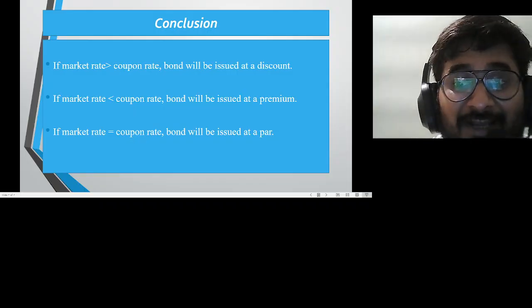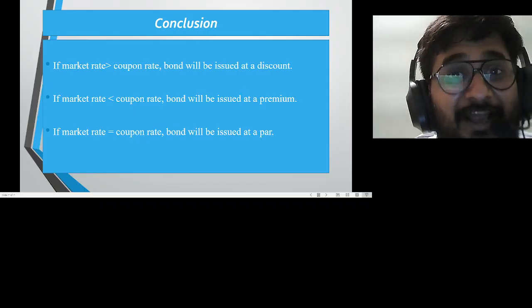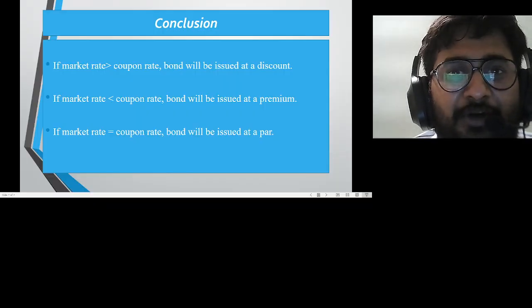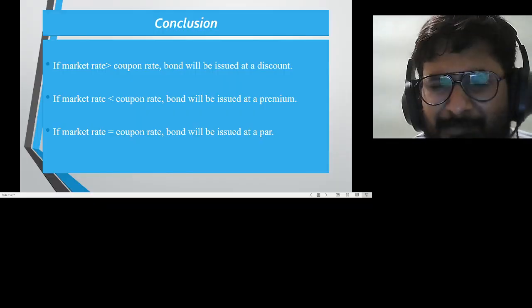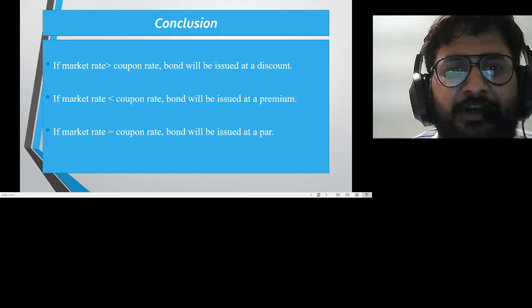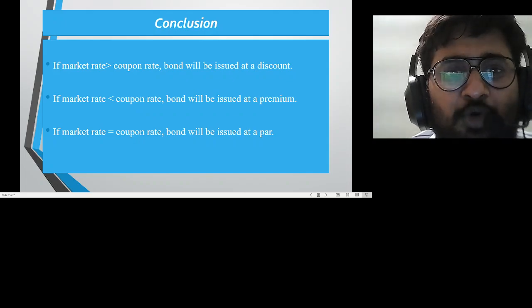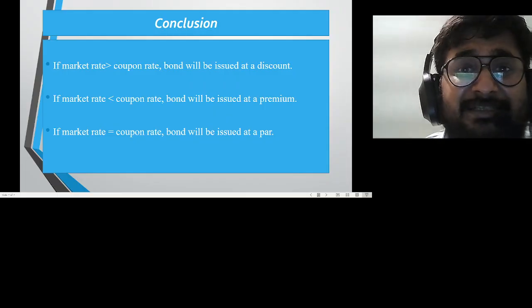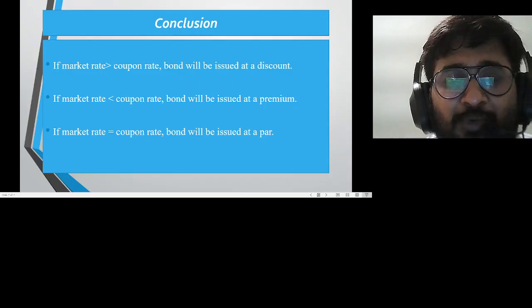So remember the conclusion of this session, and this is very important for bond analysis. Whenever the market rate of return, which people also call the required rate of return or yield to maturity, is greater than your coupon rate or stated interest rate on the bond, the market is giving more and you are giving less.